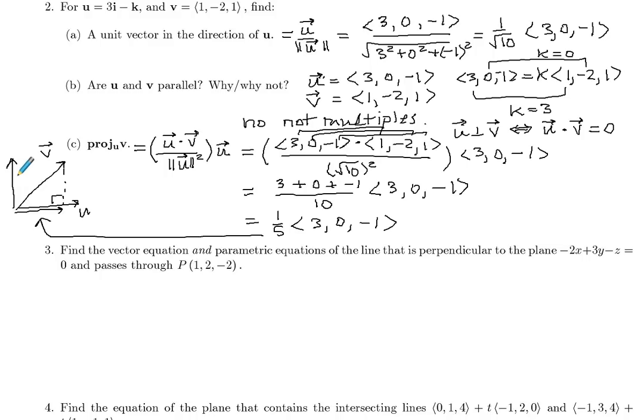So this guy over here, that's v minus the projection of v onto u. Okay, and that breaks v down into its components, the component parallel to u and the component perpendicular to u.